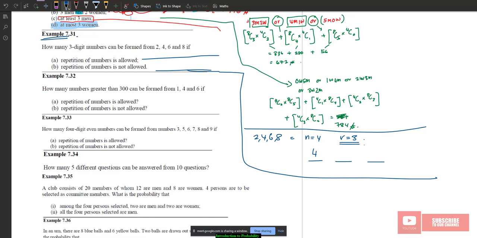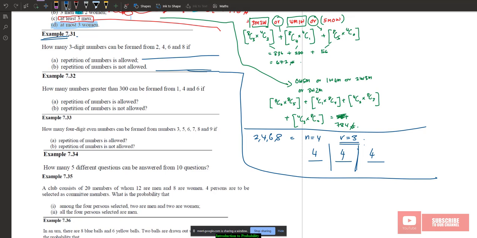The second place, if repetition is allowed, you also have 4 choices. The third place also has 4 choices. So the first task has 4 different objects, the second task has 4, and the third task also has 4 different objects.